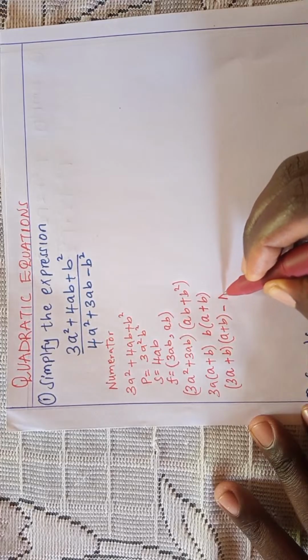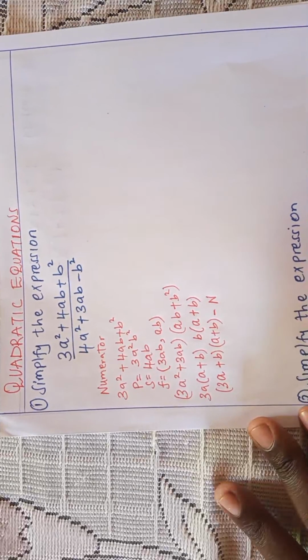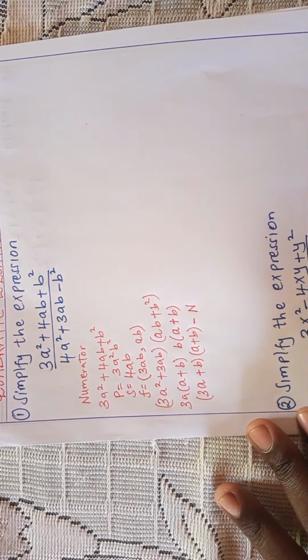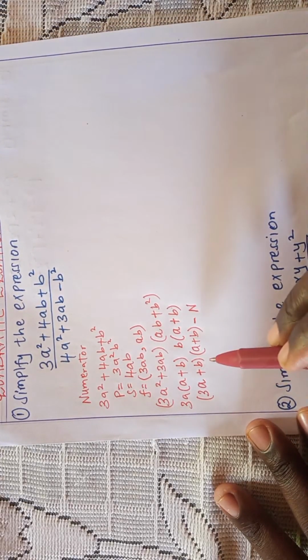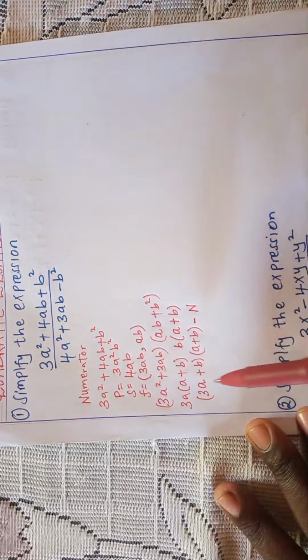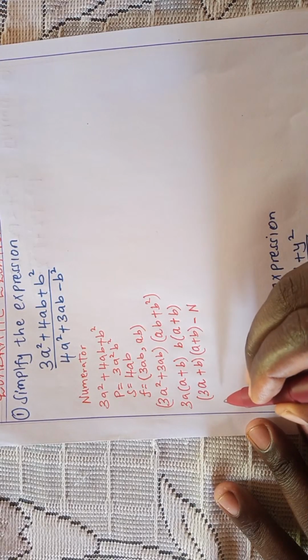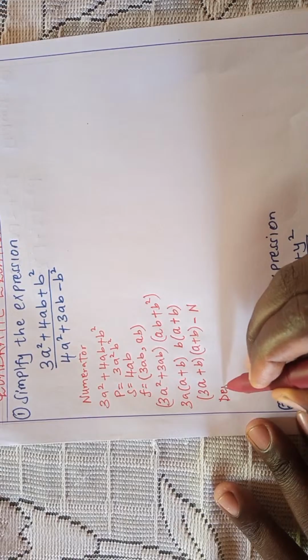This is our numerator. If you expand what we have here, you will go back to the original quadratic expression, and this is what we want. Now, let us move to the denominator part.